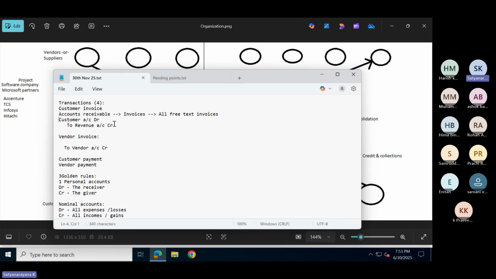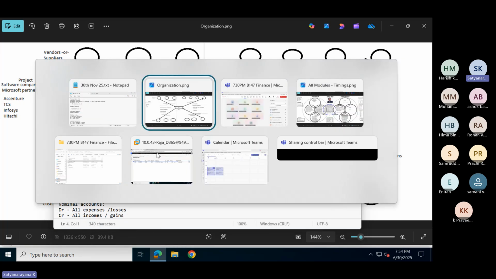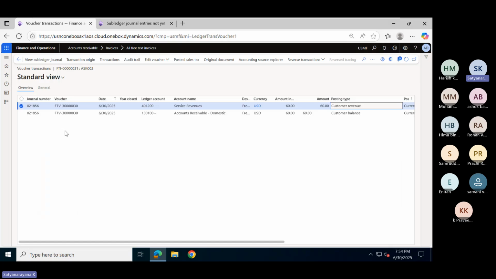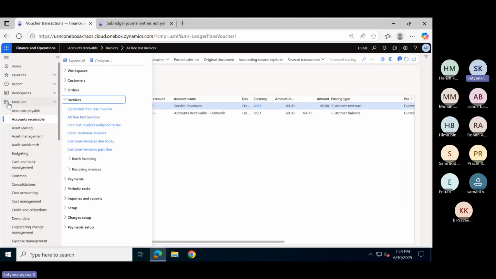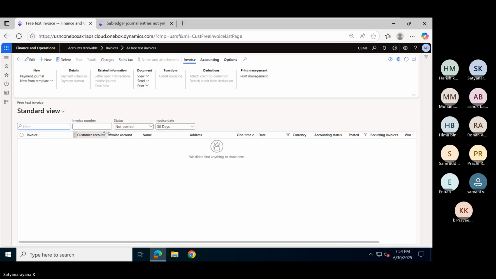Okay. So once again, let me do it. One more customer invoice. Accounts receivable, invoices, all free text invoices.